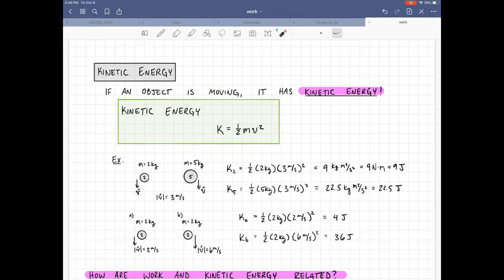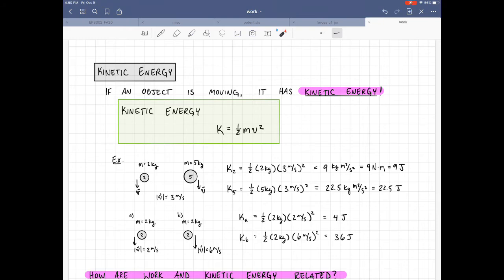So again, kinetic energy is energy, so this is a scalar quantity. There is no direction associated with kinetic energy, and in fact, all of our objects have positive mass, right? There's no such thing as negative mass, and v squared is always a positive value, and so the smallest kinetic energy value you can have is 0. That would be when the object's not moving, and otherwise, kinetic energy is always positive.